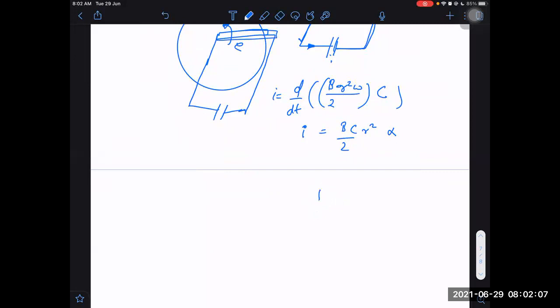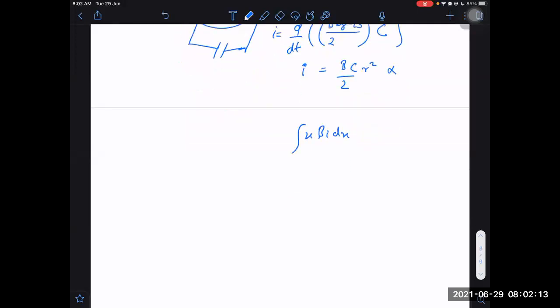Here torque will be equal to the integral of B i dx into x. What would that be? That would be B square C alpha upon 2 into r square into the integral of x dx. That will be the torque. What would be this magnetic torque?